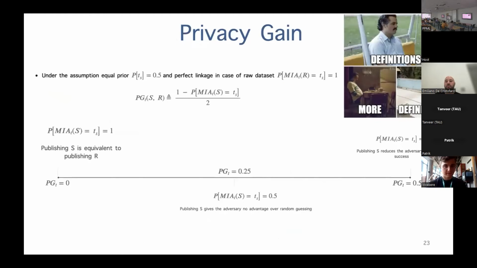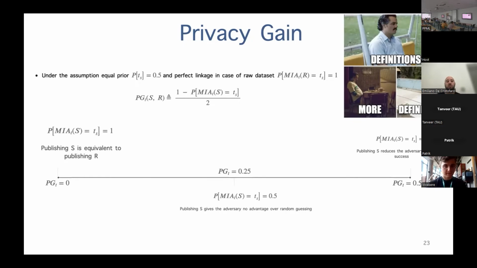More specifically, the privacy metric is called privacy gain, which tells you how much more privacy we have by giving the adversary access to only the synthetic data set versus giving them access to the real data set.